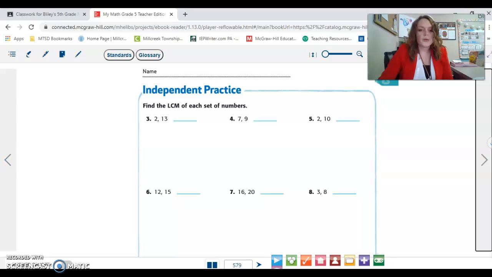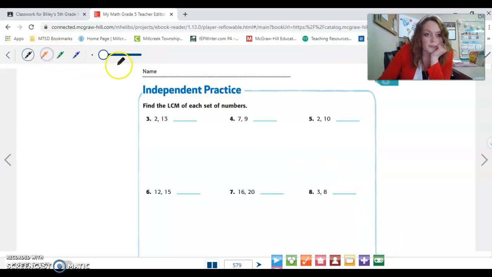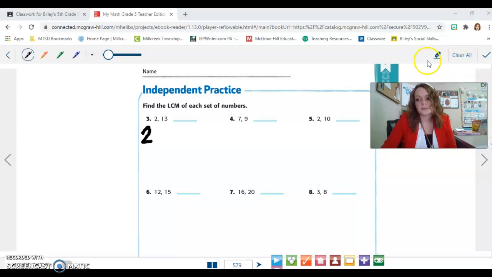Let's try one more together. All right, I have 2 and 13. So I'm going to start with my 2, and I'm just going to start listing my multiples of 2. 2, 4, 6, 8, 10, 12.